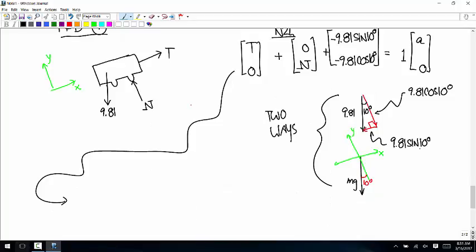The first useful equation for this system says T minus, can someone calculate 9.81 times sine of 10? So T minus 1.70, about, is equal to A. So that's our first useful equation.